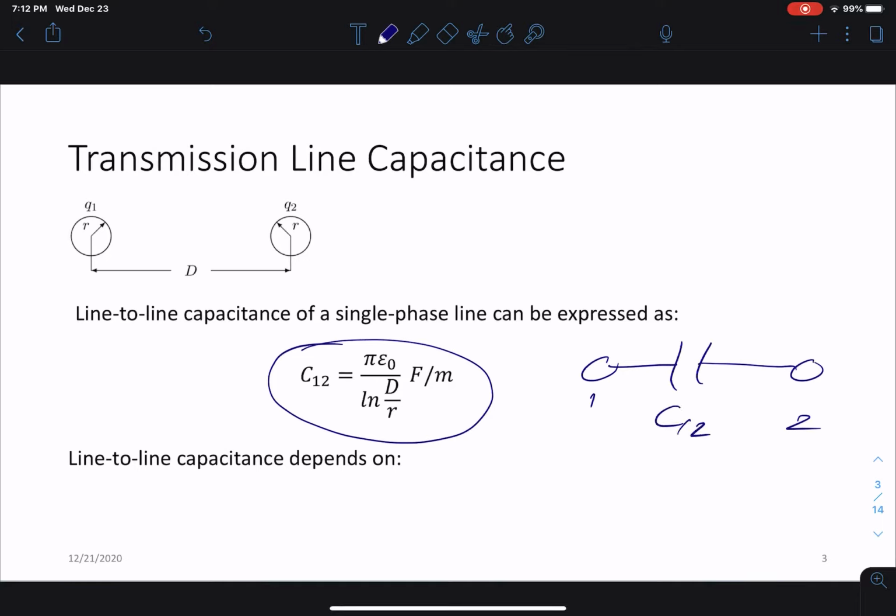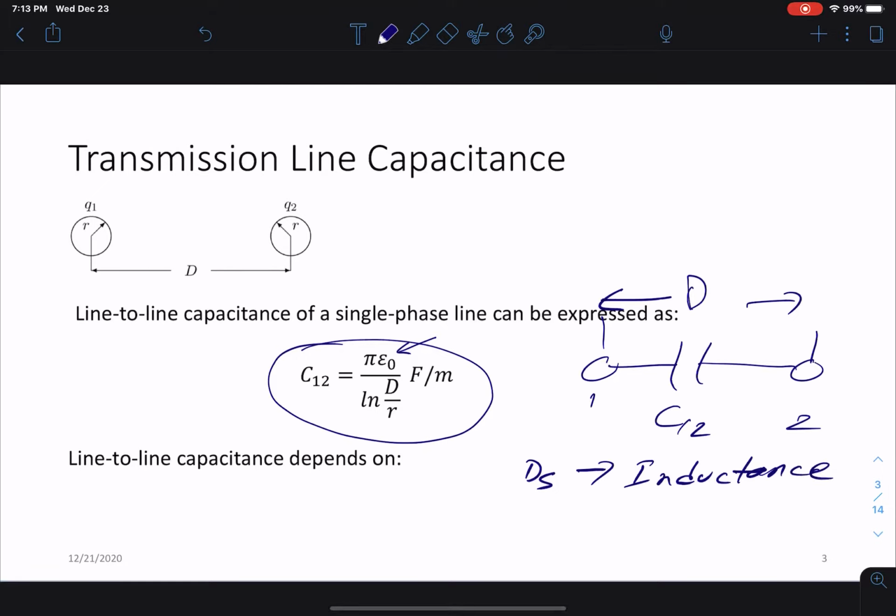And it depends on epsilon 0, which is the permittivity of the dielectric material, and the distance between the lines, D. And r: remember that in inductance we have Ds, the self geometric mean radius of the conductor.